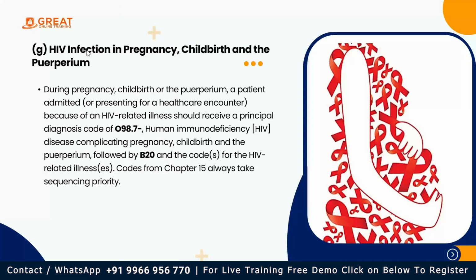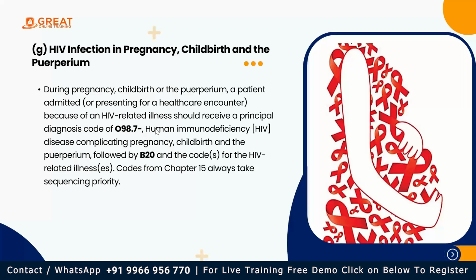The next guideline, HIV infection in pregnancy and the puerperium. During pregnancy, childbirth or the puerperium, a patient admitted or presenting for a healthcare encounter because of an HIV related illness should receive a principal diagnosis of code O98.7. Highlight this code O98.7; the dash is there because this is not a complete code.